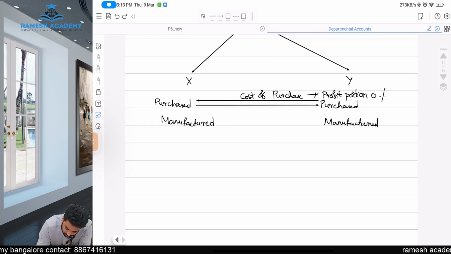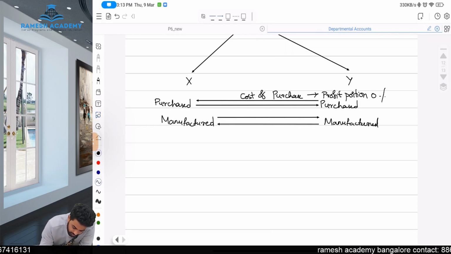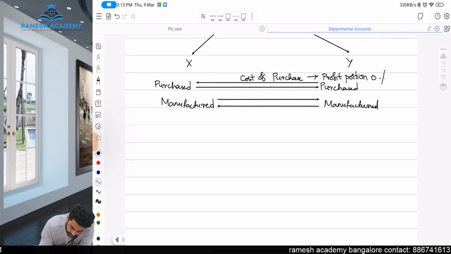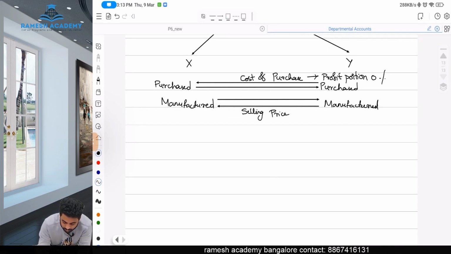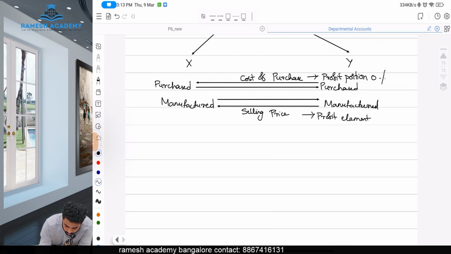But when they are transferring manufactured goods, either from X to Y or Y to X, they are sending it at a selling price, which means profit element included.